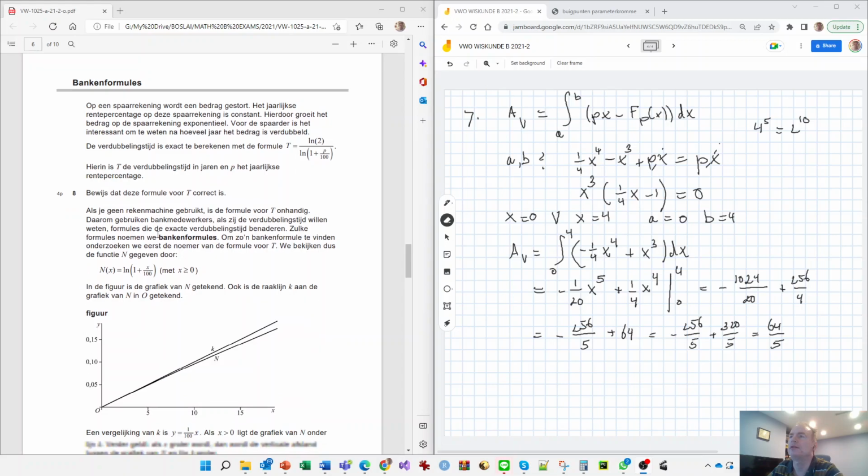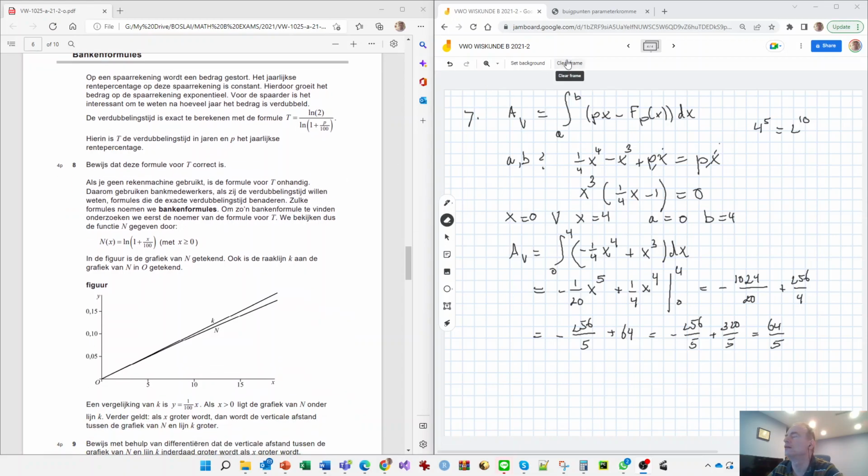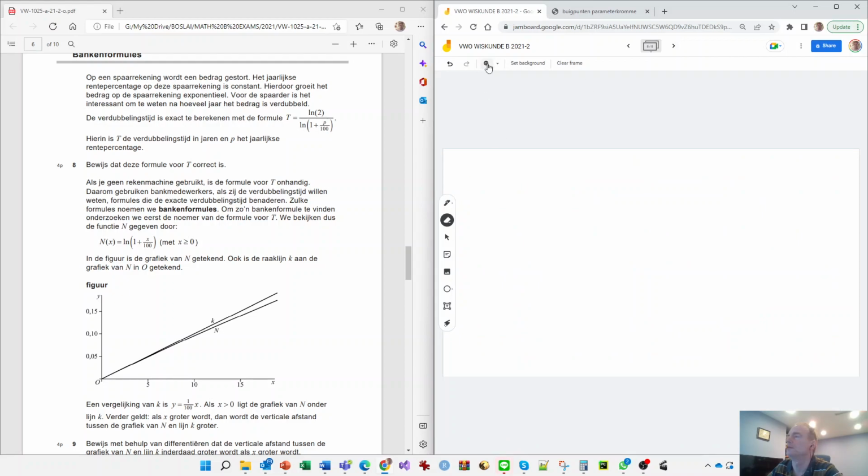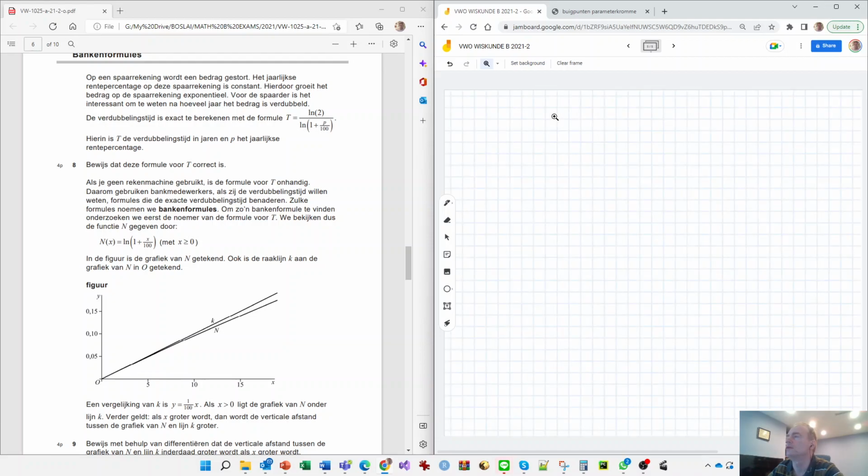Bank equations. We have a saving account and a certain amount is deposited.